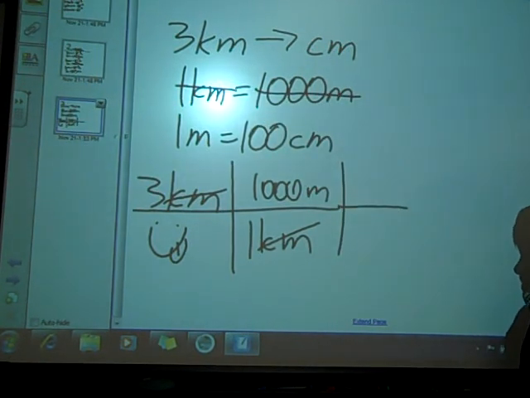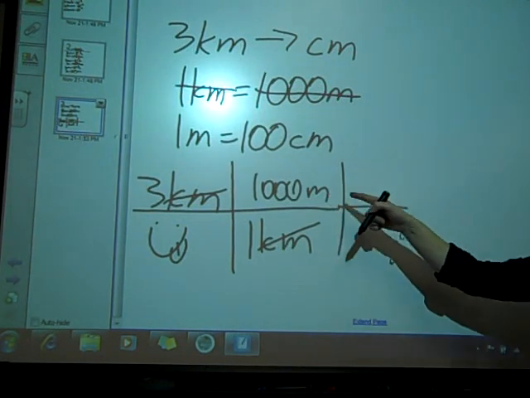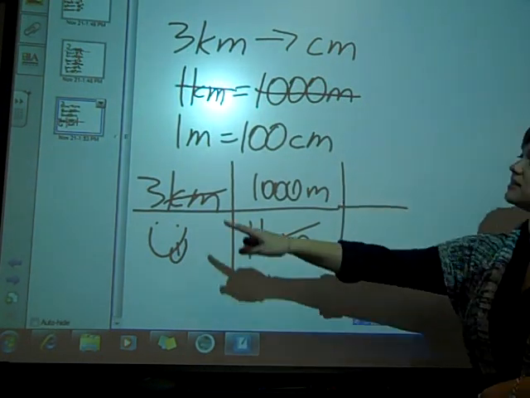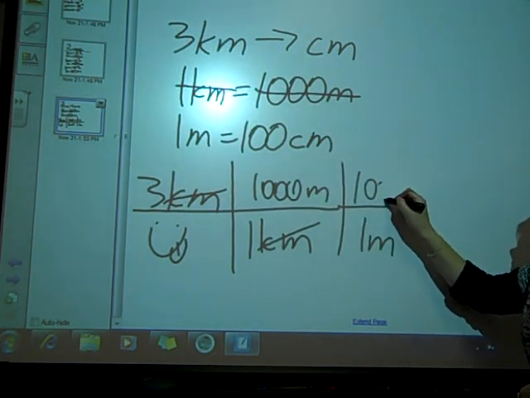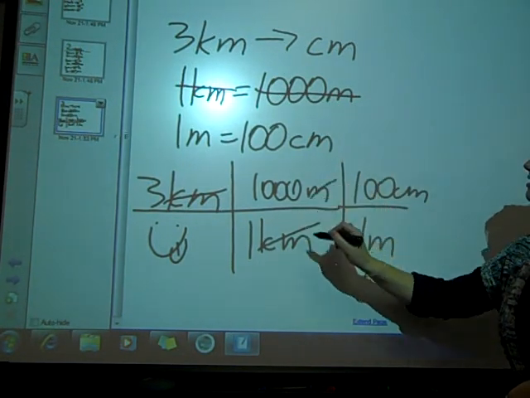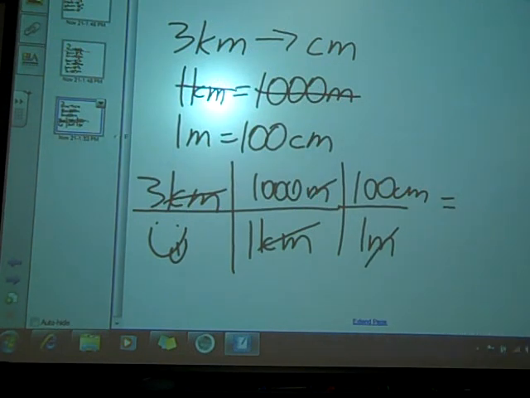Onwards we proceed. Meters, don't want them either. Means I need them on the bottom to cancel next. 1 meter. On the top goes 100 centimeters. Meters cancel, leaves me with centimeters. Good thing too, since that was what I was looking for. Multiply all the way across the top. So 3 times 100 times 1,000.